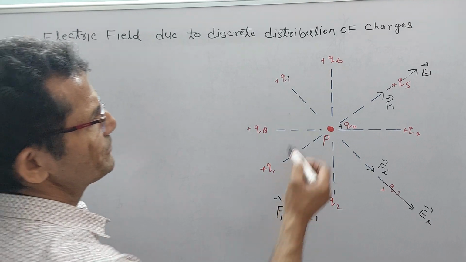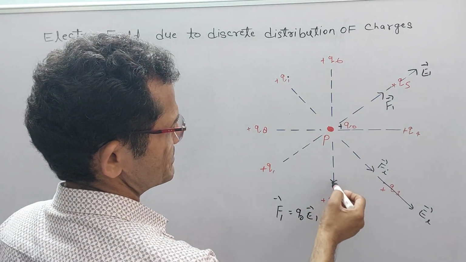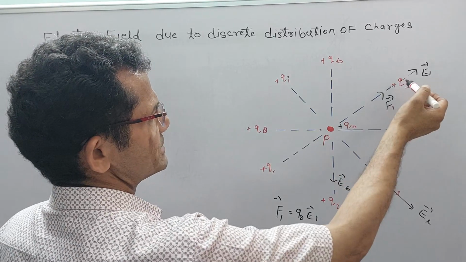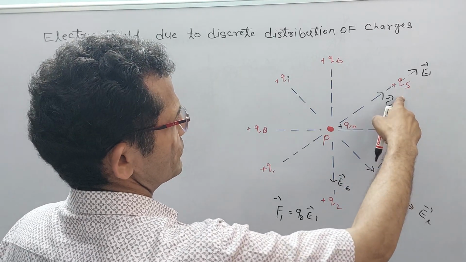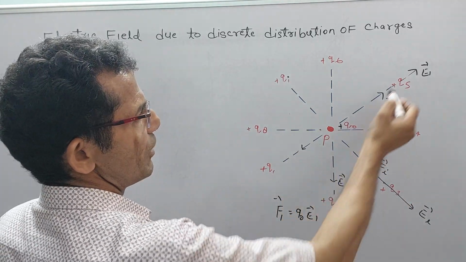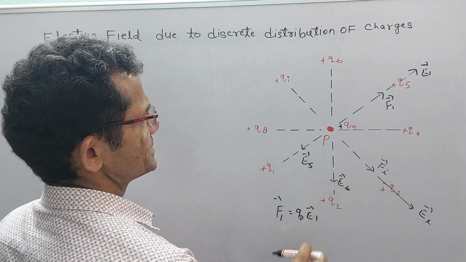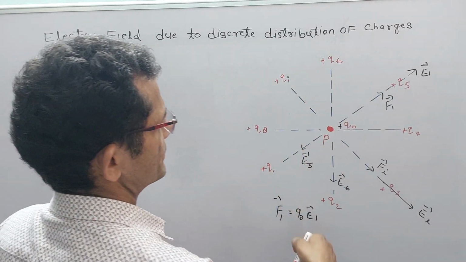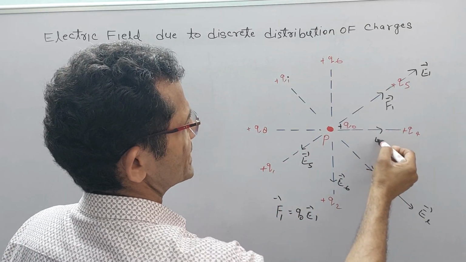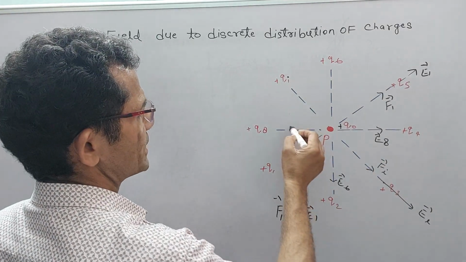Similarly, Q6 will produce an electric field away from this one, and here this is Q5. Q5 will produce an electric field along this one, and similarly Q6 along this one. Q8 will produce the electric field along this one, and Q4 will produce a field along this one.